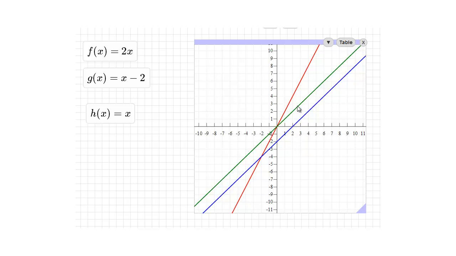So we have 3 functions right here: f of x, which was the red one, g of x, which was the blue one, and h of x, which is the green one. So we successfully plotted these functions onto the coordinate plane.